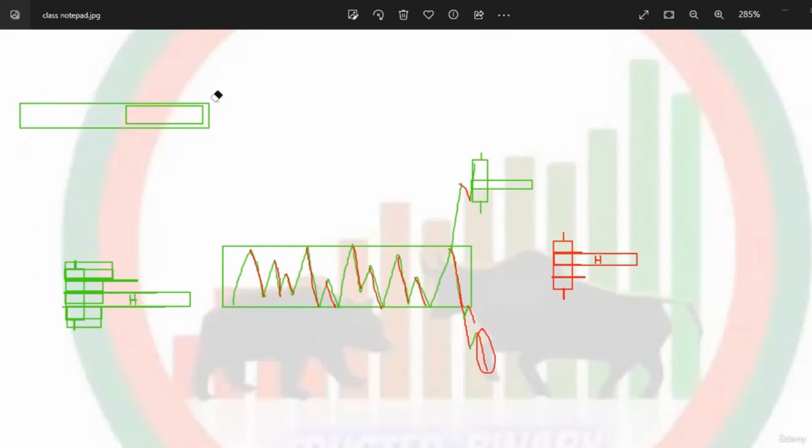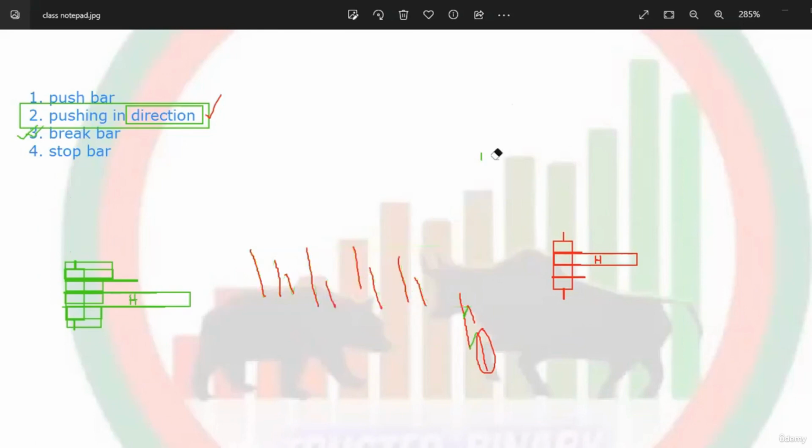Okay, now, what happened? Okay, break bar. Break bar, that means the third part. So if we divide, okay, I'm removing this one.